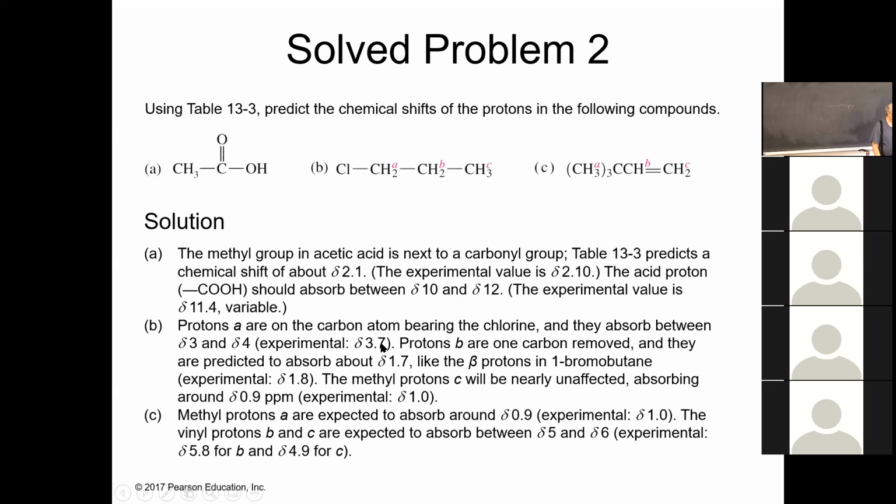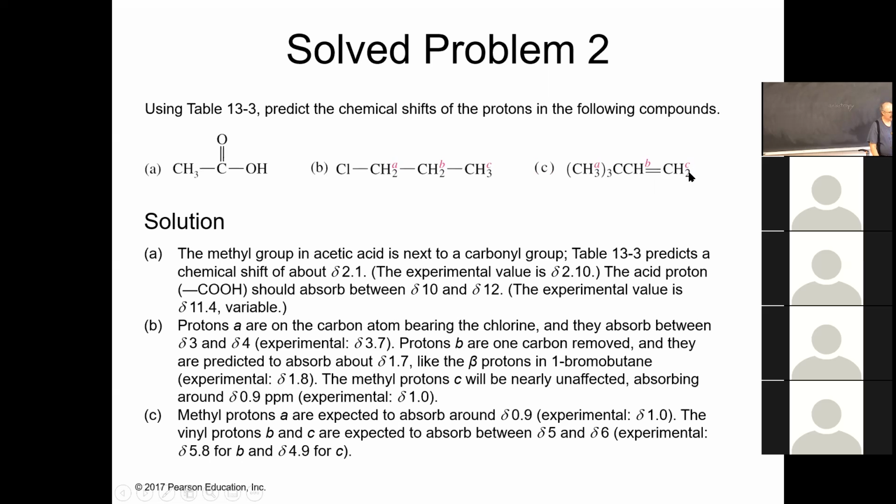It says experimentally 3.7. The protons B are 1 carbon removed. They're predicted to be about 1.7. They're actually experimentally 1.8. And then C protons show up at about 1. So they're feeling very little influence from the chlorine.